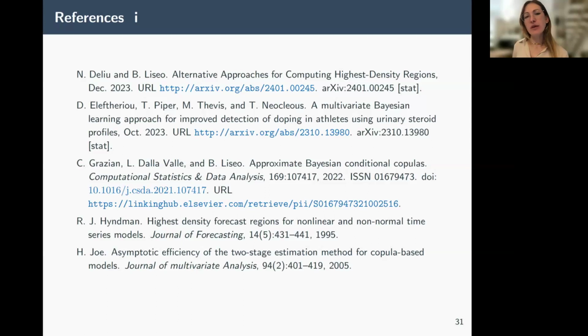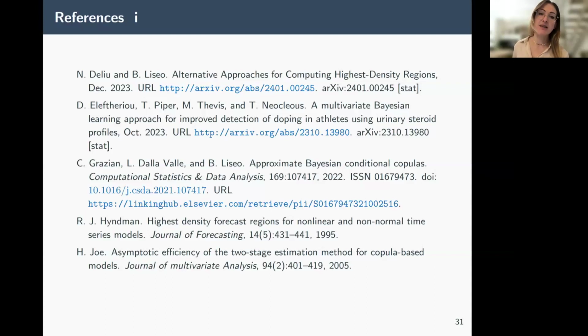I will say that perhaps the most computationally intensive part here is all the posterior parameters approximation, because it involves a lot of MCMC parts for the marginals and for the copula.